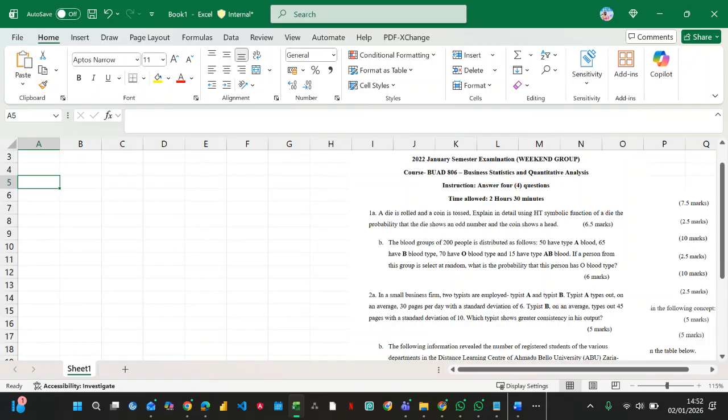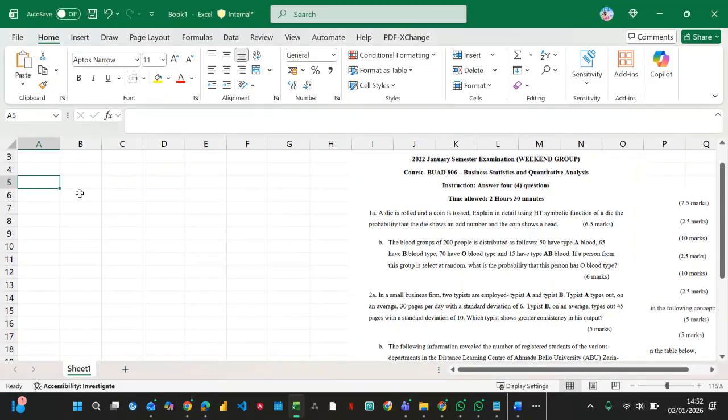If you look at it, this question has two events: a die and a coin. They are not similar events. These are two separate, independent events, because a die is rolled and a coin is tossed. So these are two different things here.